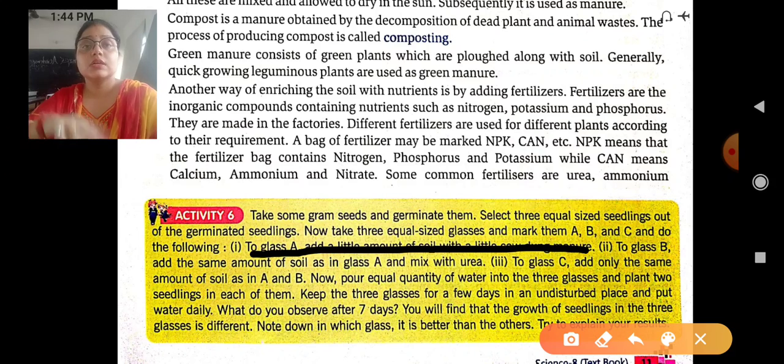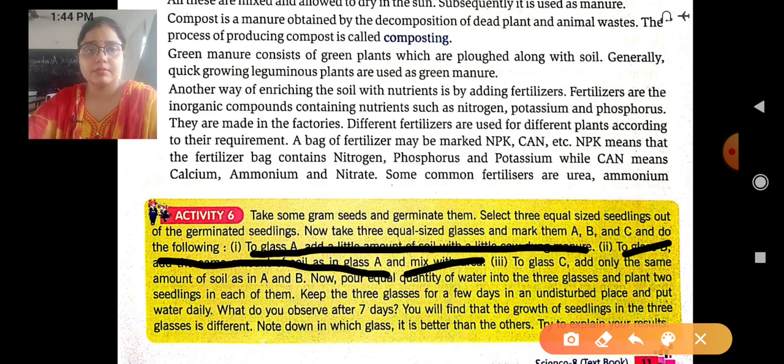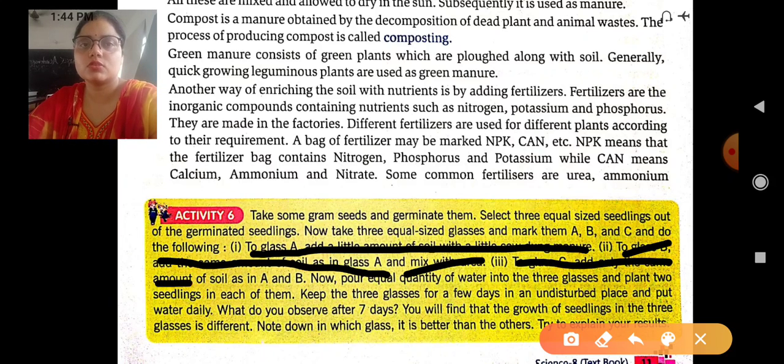Second, to glass B, add the same amount of soil as in glass A and mix with urea. Urea is available in the market. To glass C, add only the same amount of soil as in A and B.